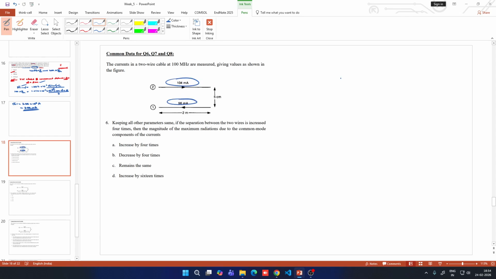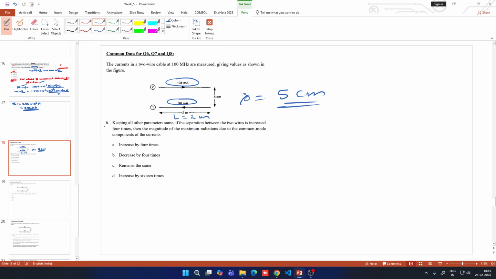Maybe they have used some kind of a current probe to measure the currents. The currents are 104 milliamperes in wire 2, and in wire 1 it is 96 milliamperes. The length L is given as 2 meters, and the separation distance is 5 centimeters. So this is the common data for all the problems.